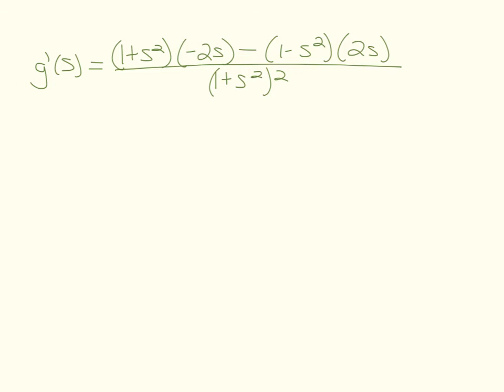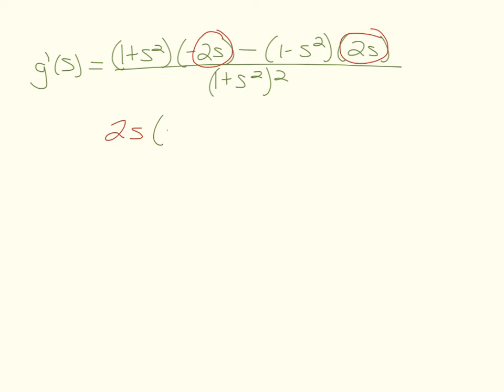This is the final step on the last slide. I'm going to use this slide to just make sure we can simplify everything down. It looks as though we can common factor out a 2s from both terms in the numerator, so I'm going to common factor out that 2s.